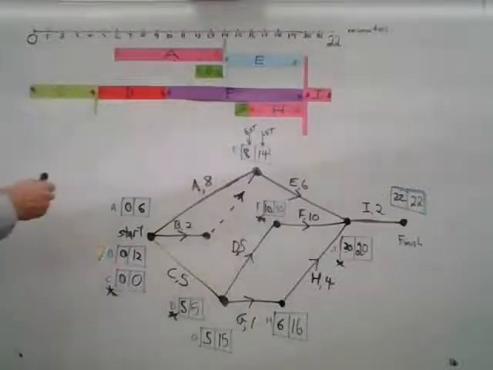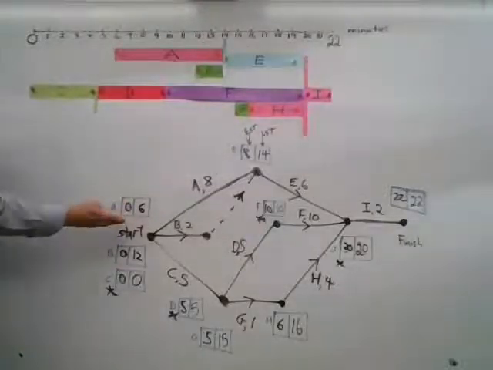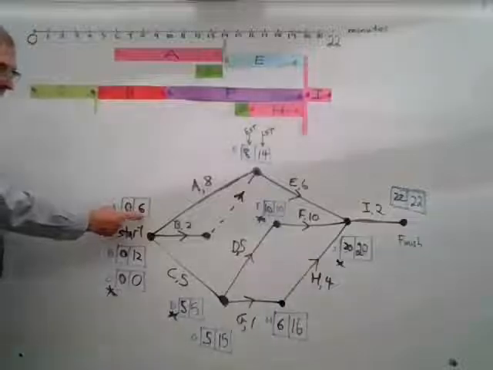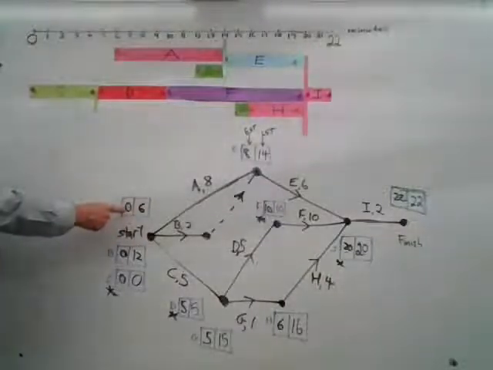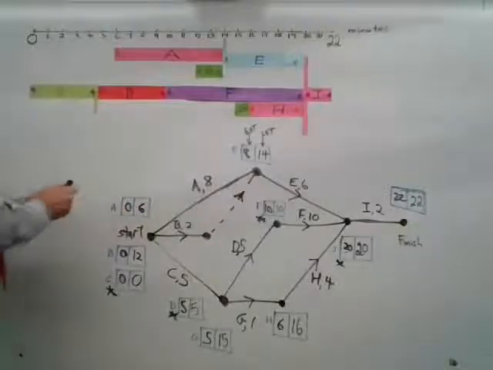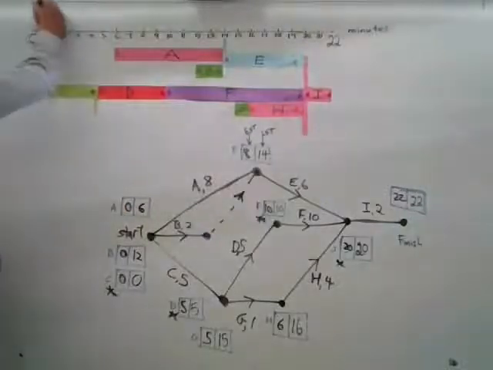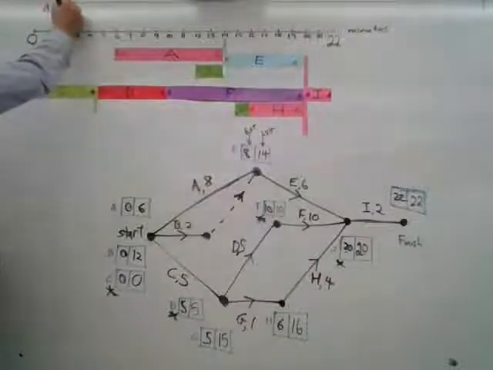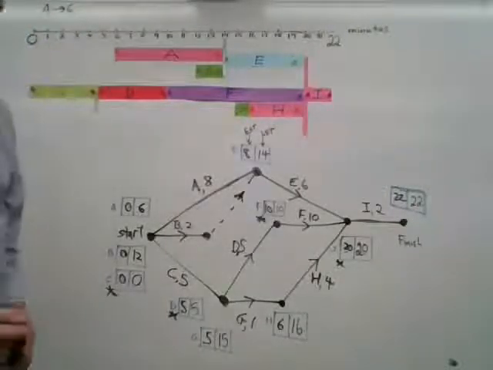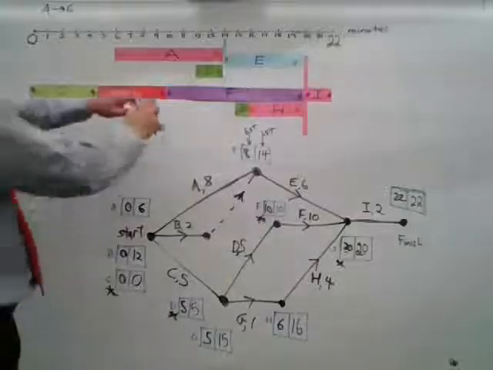Now you could also work that out by subtracting the earliest start time from the latest start time. 6 take off 0 is 6. So A has a float time of 6 minutes or whatever. What about B?